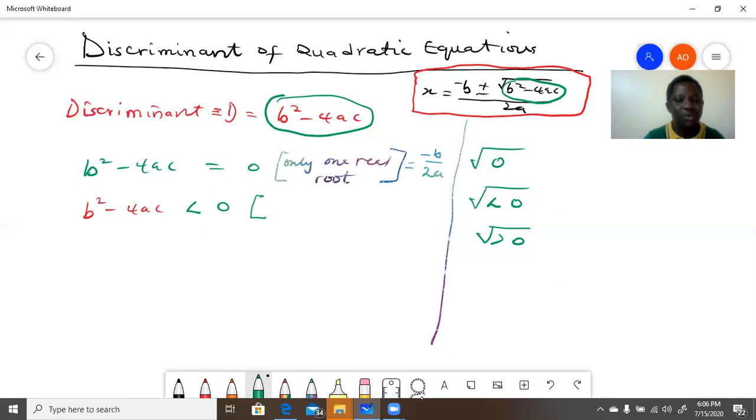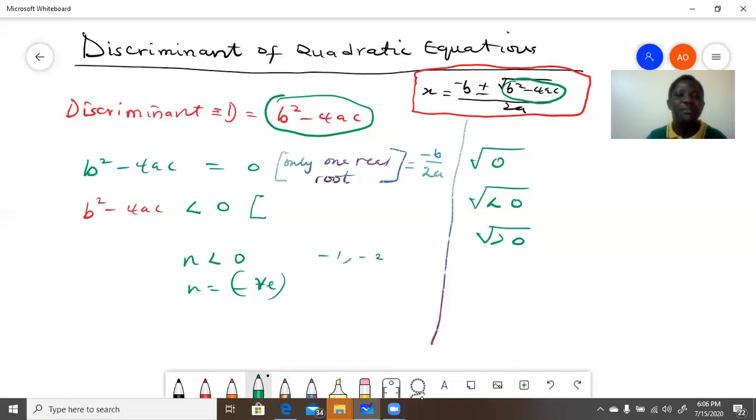I said in my last video that a number less than 0 is a negative number. Any number less than 0 is negative, so it can be negative 1, negative 2, and so on.